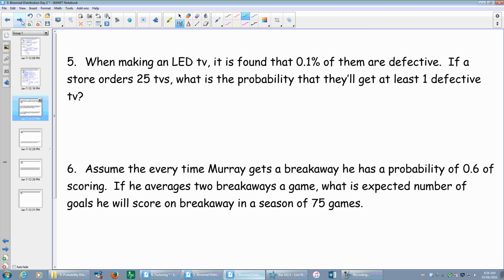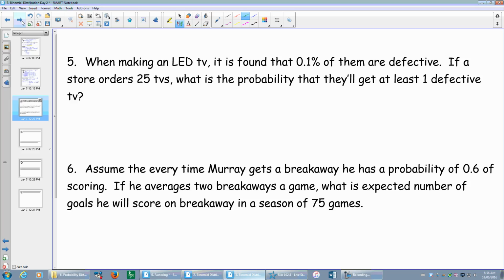Okay, the next question here. When making an LED TV, it is found that 0.1% of them are defective. If a store orders 25 TVs, what is the probability that they'll get at least one TV that is defective? Okay, so this is the same type of question.